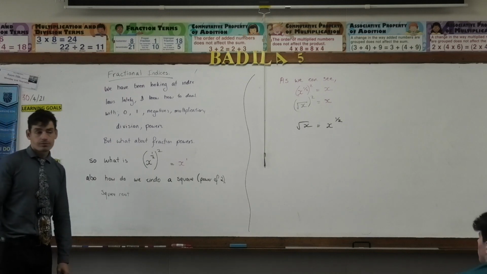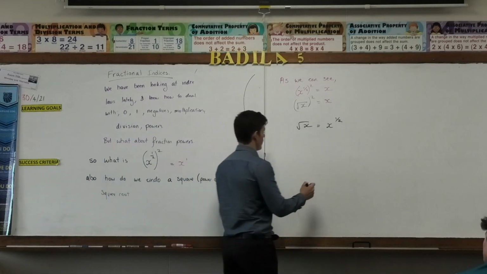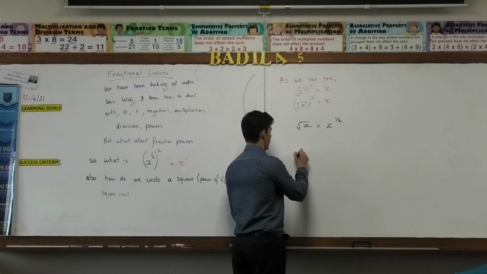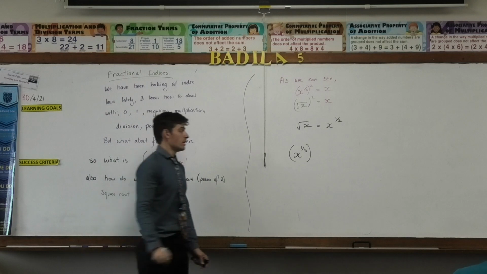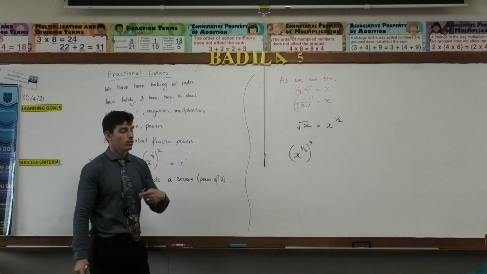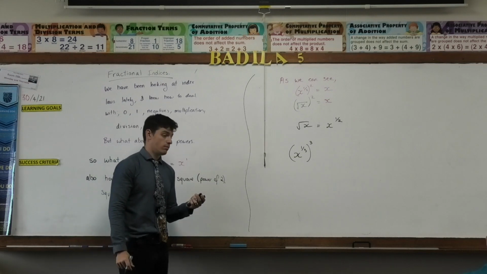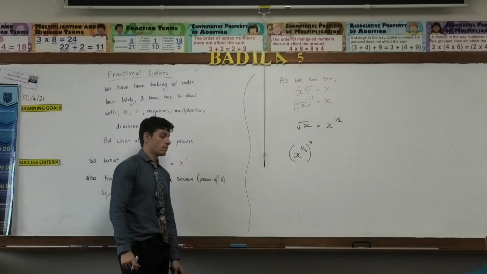Now, how would I undo it if I had x to the power of 1 on 3? What would need to go there to undo that? 3. So what do we call putting something to the power of 3? We call it a cube. Would it ever be x to the power of 1 over 2 and outside the brackets?